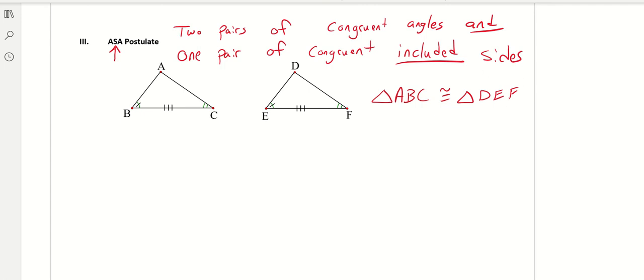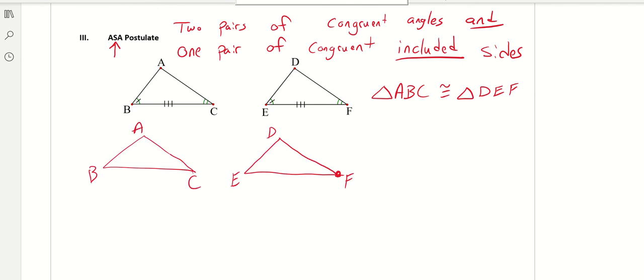Let me give you a non-example of this. Give me a second to draw it. I'll just pause the video and draw it. Okay, so I'm not going to change triangle ABC. We're going to say angle B has one tick mark on the angle, angle C has two arcs, and BC has three tick marks there. So BC here is still an included side, so angle side angle is still a possibility here.